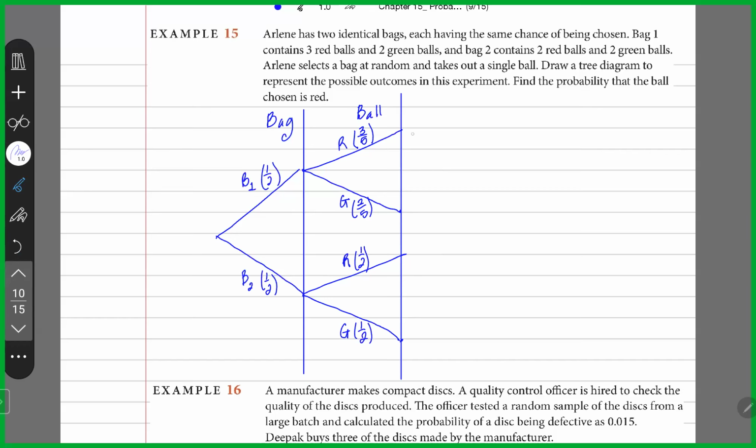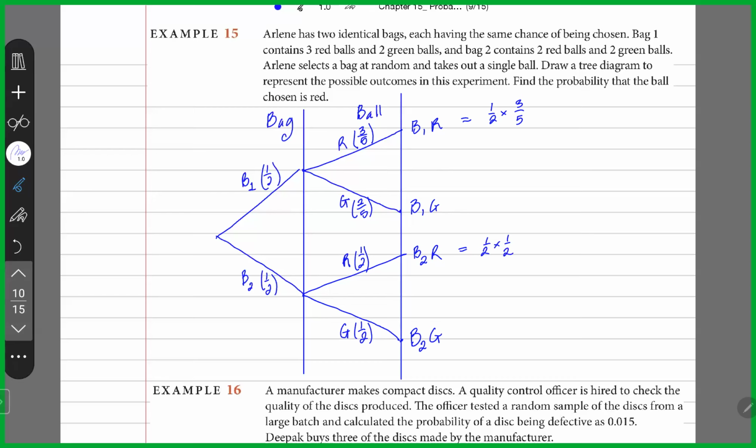So this is the probability of bag one red, bag one green, bag two red, and bag two green. The probability here is equal to a half times 3 over 5. The probability here is a half times a half.